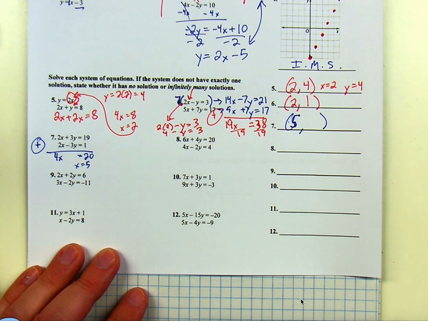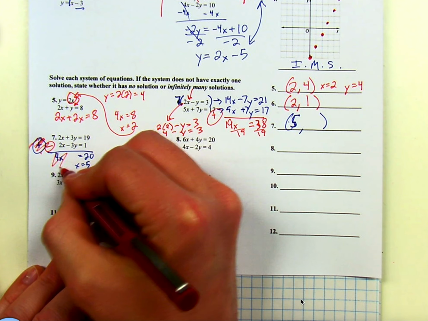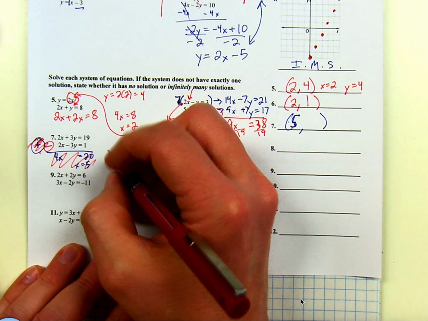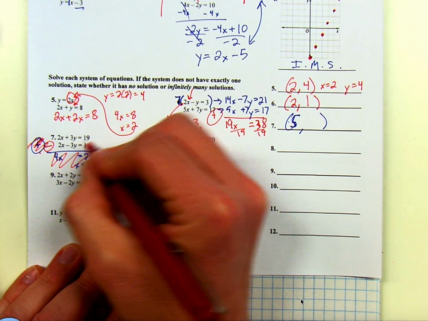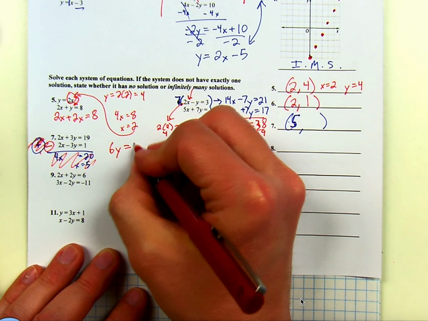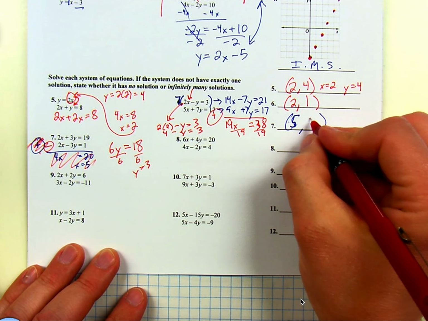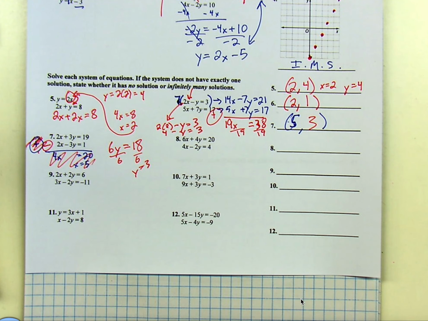I'm going to subtract. What if I subtracted on this? I get 2x minus 2x is nothing. 3y minus -3y is 6y. And 19 minus 1 is 18. Divide by 6, and I get y equals 3. Whee, that was nifty. You didn't have to do it that way, but that's one way to do it.